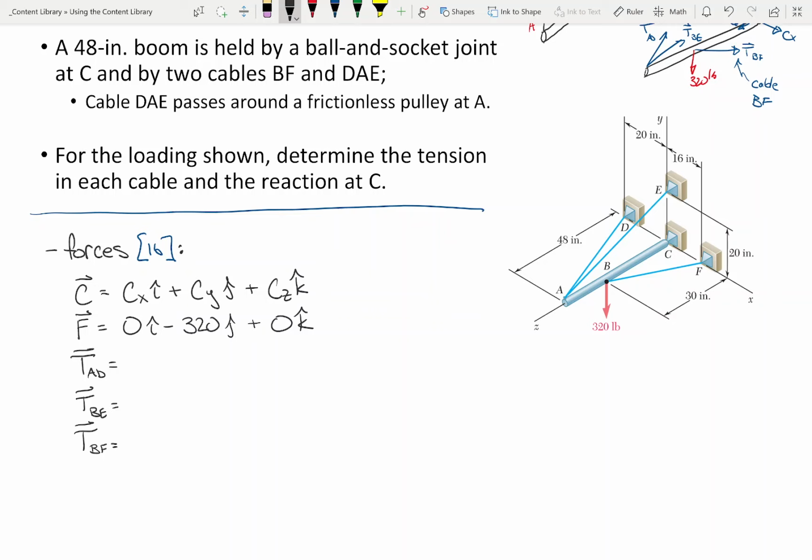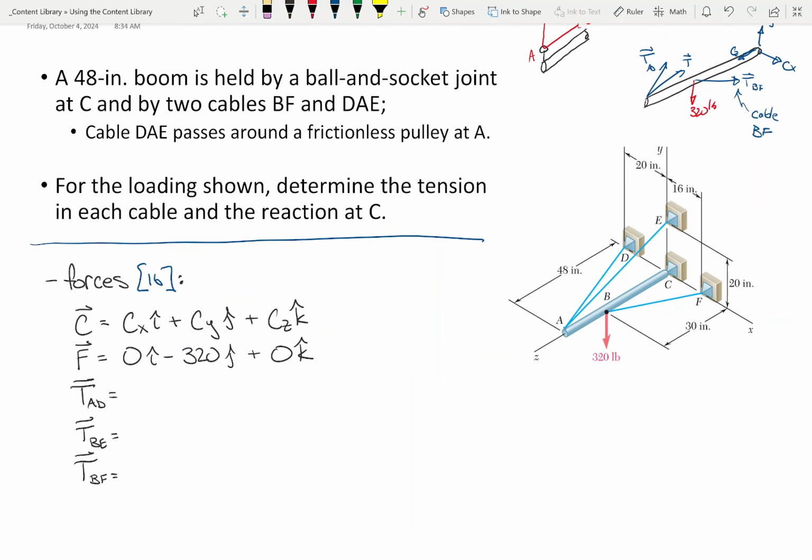And the way that I'm going to describe this is, how do we describe a force vector in 3D? We take its magnitude times its lambda. Would the tensile force be BE or AE? AE. You're right, it's AE. I'm sorry, thank you. AE. Okay, now I've got three different vectors.